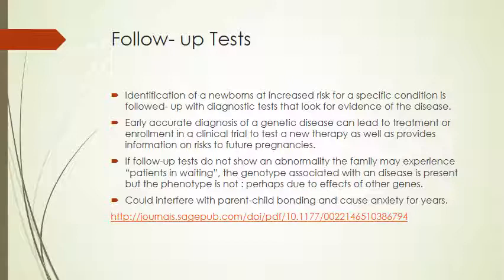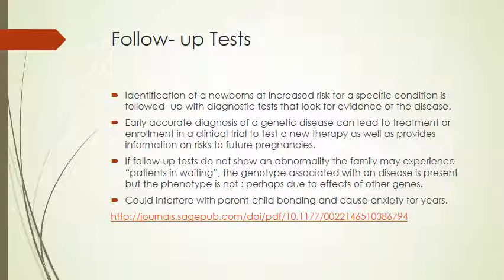Genetics actually adds precision to a diagnosis. However, we also see that there's a downside of newborn screening in that follow-up tests may not show the abnormality. In such a case, the family may then experience what has been referred to as patience in waiting, when the genotype associated with an illness is present but the phenotype isn't, or isn't yet.